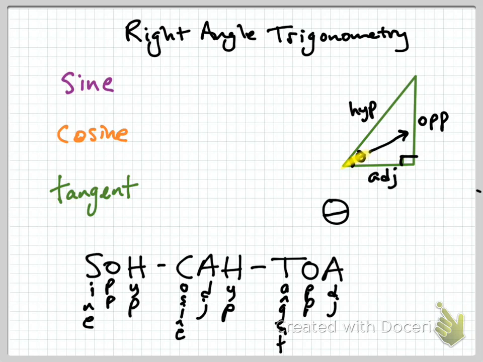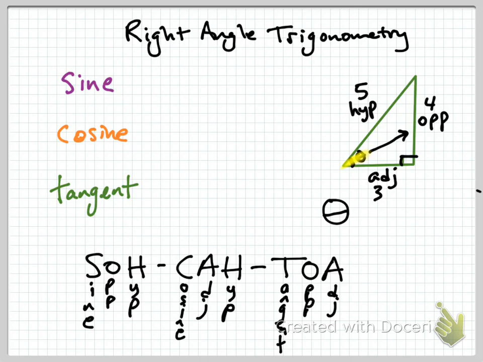So what this means is, let's say that the adjacent is 3, the opposite is 4 units, and the hypotenuse is 5, which is one of our Pythagorean triples. 3 squared plus 4 squared equals 5 squared. We could now calculate the sine, cosine, and the tangent.